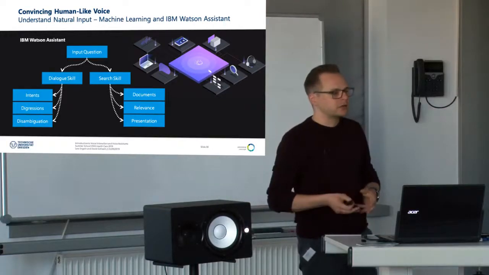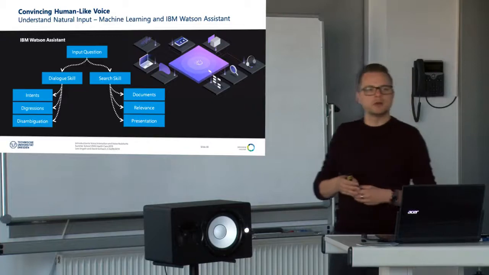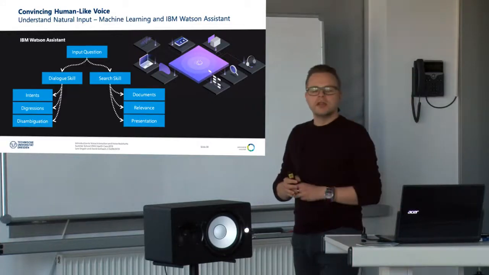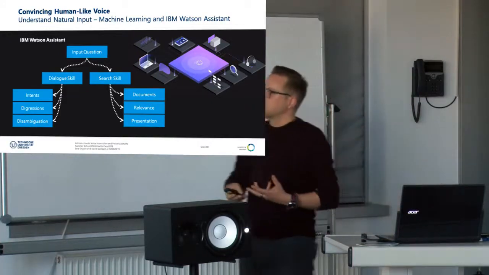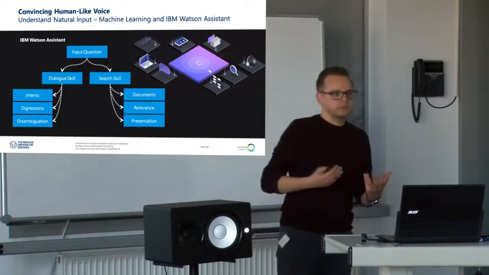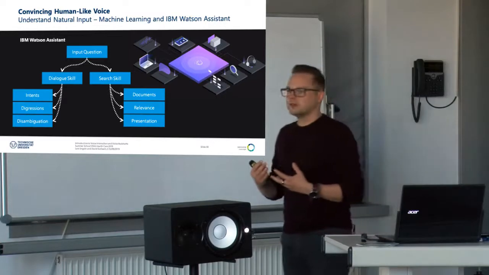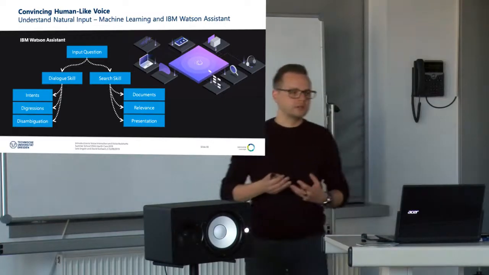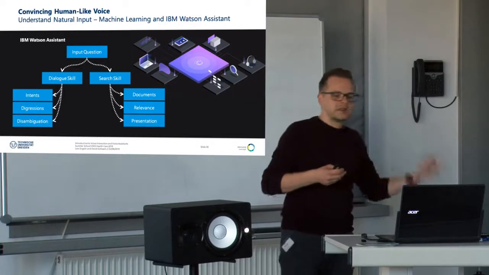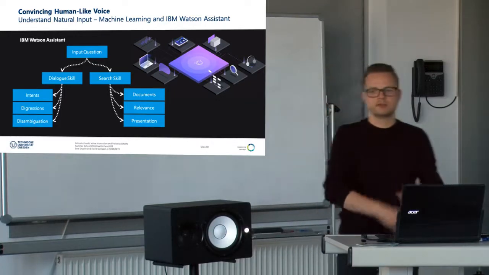And according to the dialogue skill, most systems, like Alexa, are only able to identify intents. So the user asks a question, and the system tries to identify the intent or the intention of the user, and then processes it and gives an answer with hopefully the right information.